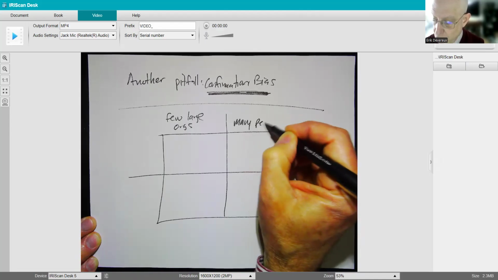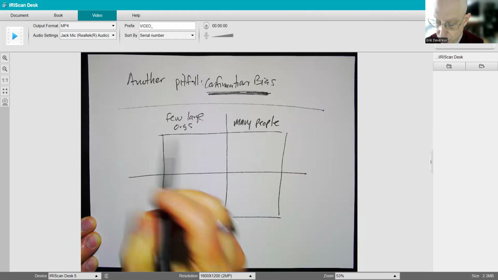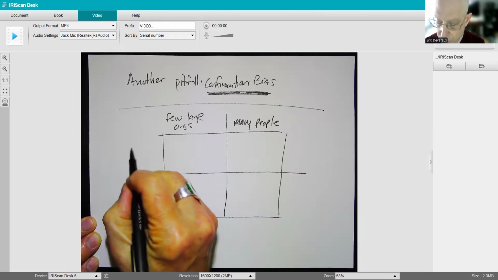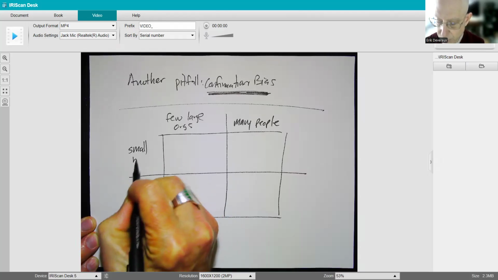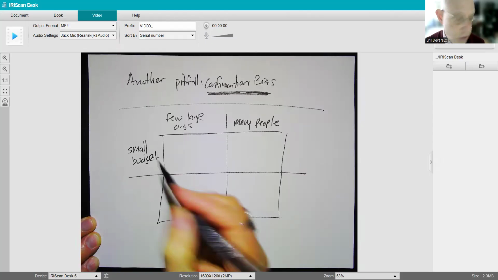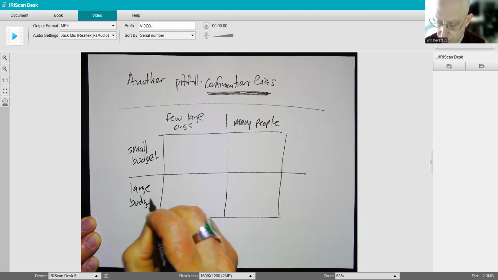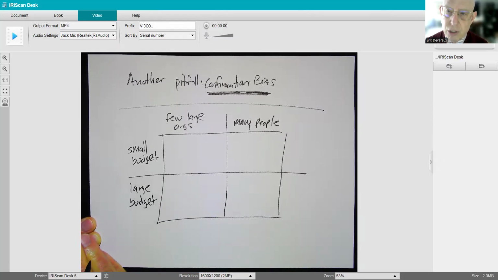That is an important question about who you're targeting in your intervention. What are you trying to do, and what is your budget? You have a small budget, whatever that means. The book doesn't really get into the details of what constitutes small or large, or you have a large budget. And this would be, of course, relative to the problem, the degree to which it is commensurate with the nature of the problem.